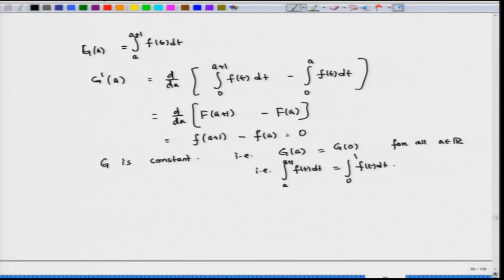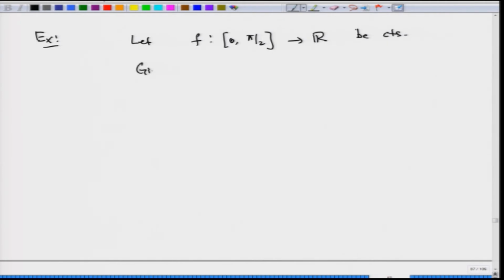Now, another example which is also useful. Let f from 0 to pi by 2 to R be continuous.